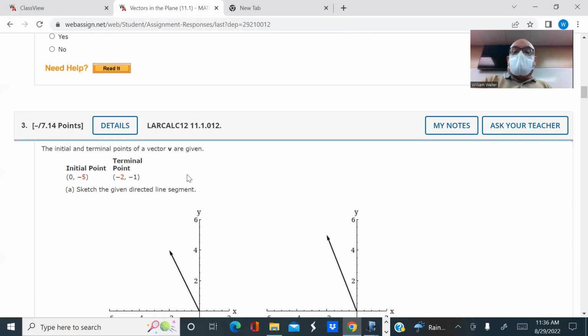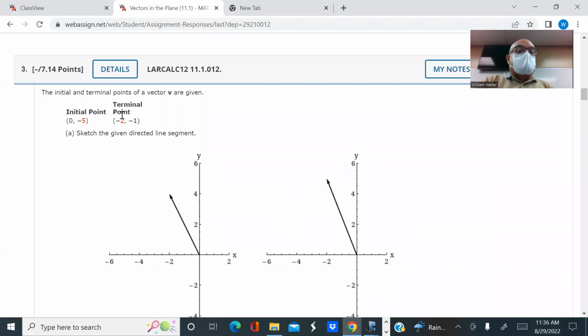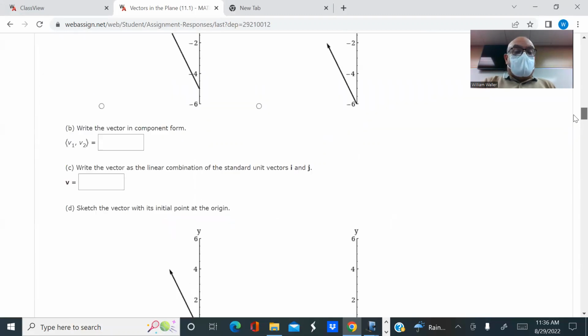Those two numbers become the two components of the vector. So the difference in the x coordinates is the horizontal component, and the difference in the y coordinates is the vertical component.